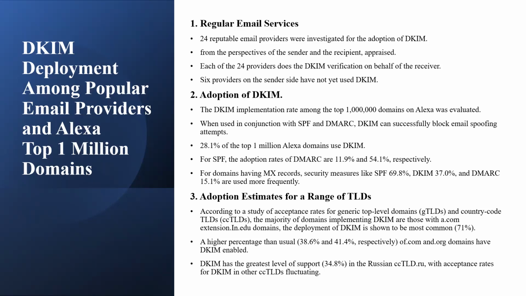That means in the data gathered on Alexa's top 1 million domains, the SPF protocol is used for around 69.8%, DKIM is used in 37%, and DMARC is 15.1%.